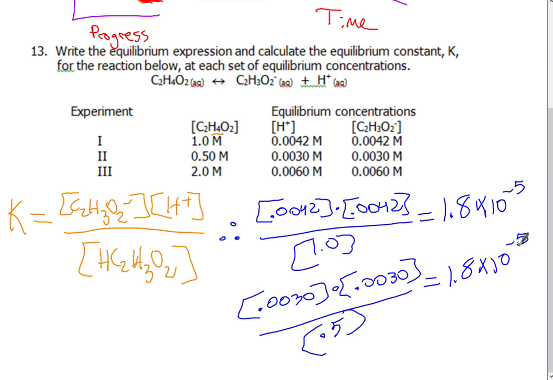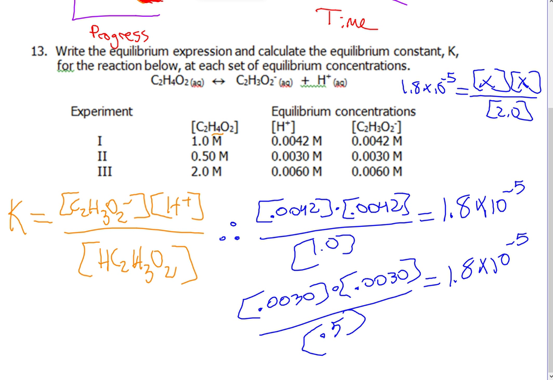So in truthfulness, the way I created experiment 3's data is I plugged in the equilibrium constant, and I left these two values at the top as x, and I said, you know what, I'm going to make the bottom 2 molar. So I created the data to fit this problem.